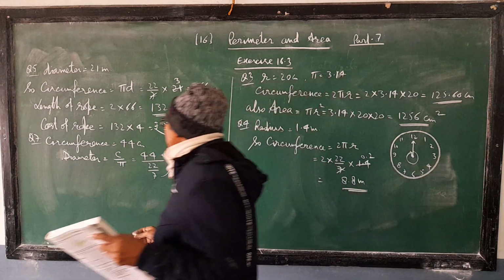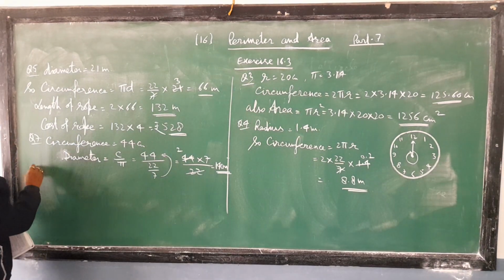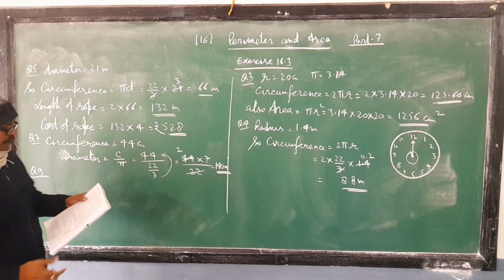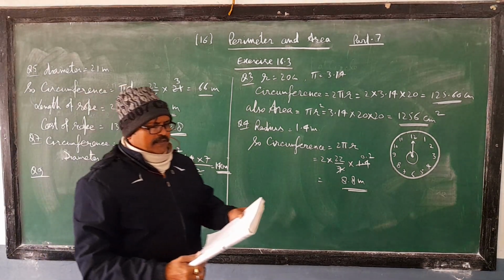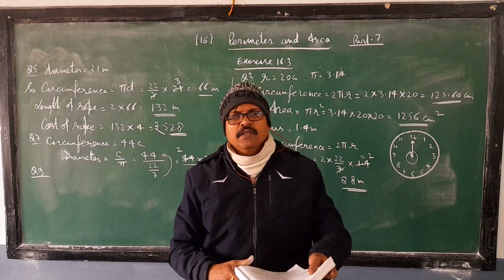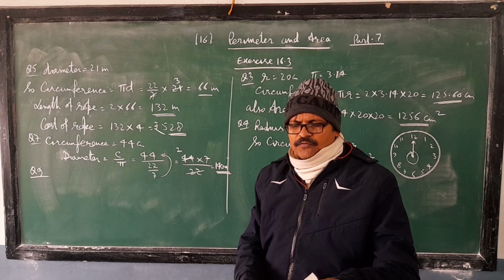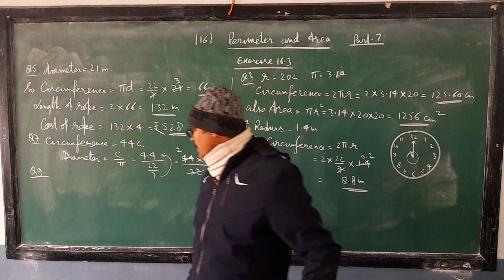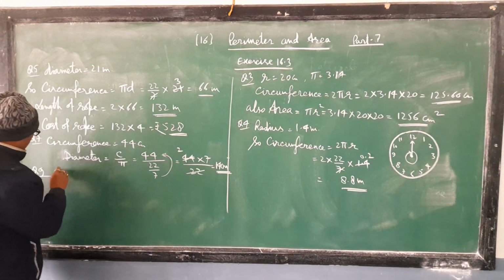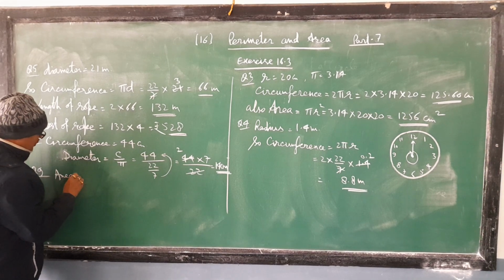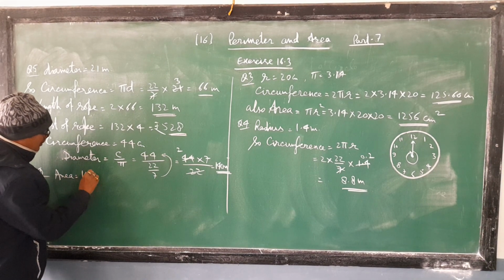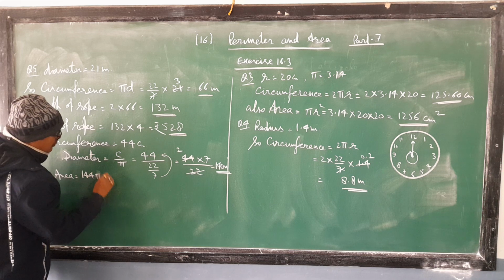Question number 9. See, find the radius and circumference. Area is given. Area is 144 pi centimeter square.